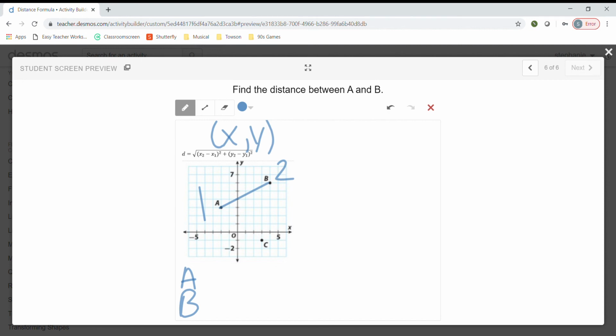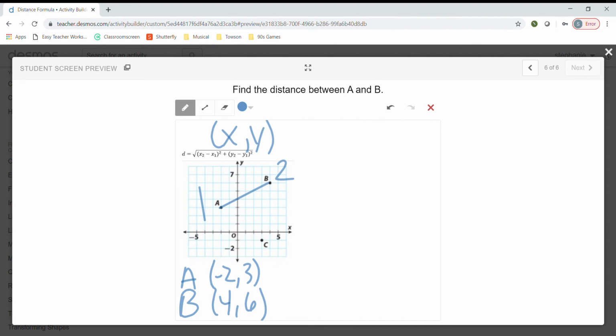So 1, 2, 3, 4, up 1, 2, 3, 4, 5, 6. So B is going to be 4, comma, 6. All right, and A is going to be over negative 2, 1, 2, 3.